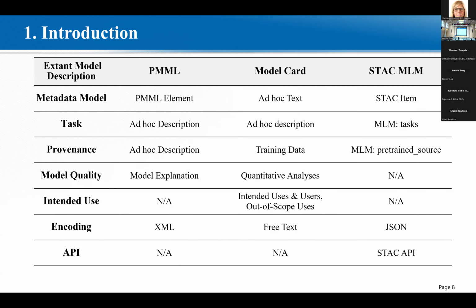Right now we have three public model description formats. PMML, the Predictive Model Markup Language, was proposed about 20 years ago, and it concentrates on the representation of machine learning models.